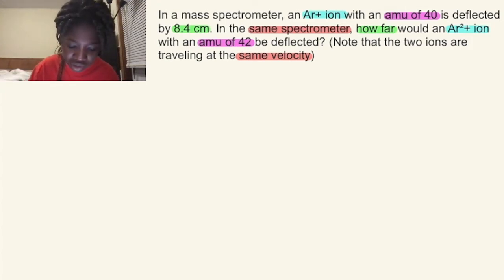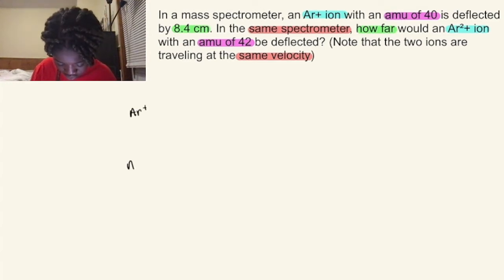Let me put Ar+ on top, Ar2+ right under because we want to know how far it would be deflected, and of course under that the factor line. And right in the middle, we will have our equation.